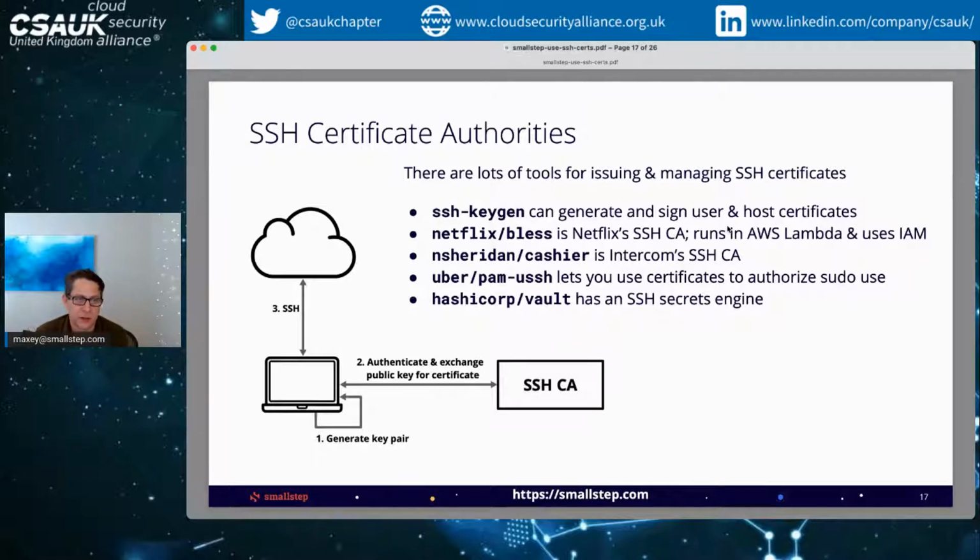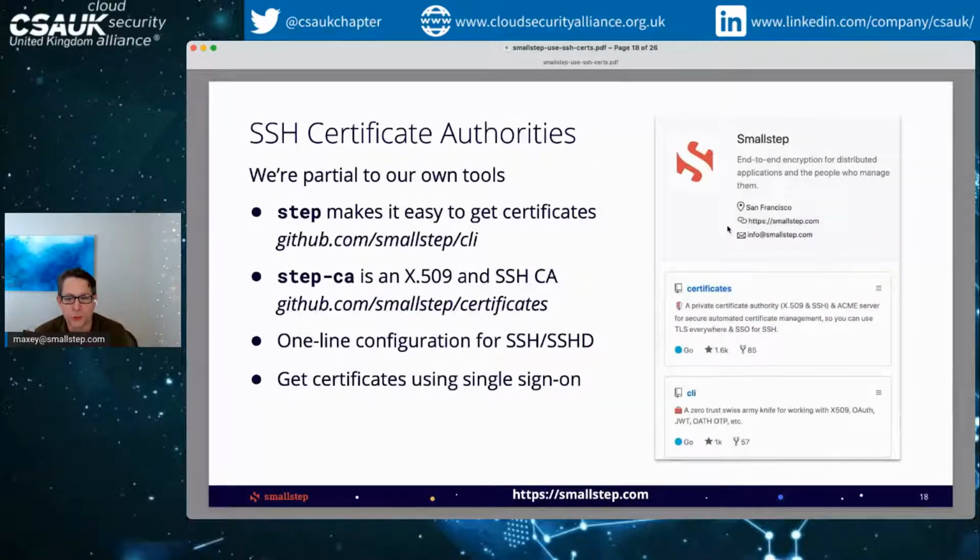And then obviously we're partial to our tools. We have a certificate authority that also mints SSH certificates. It's available in GitHub. If you go to github.com/smallstep, you can see all of our open source projects. Step Certificates is our certificate authority, and the CLI tool is the command line tool you can use to configure your OpenSSH clients.